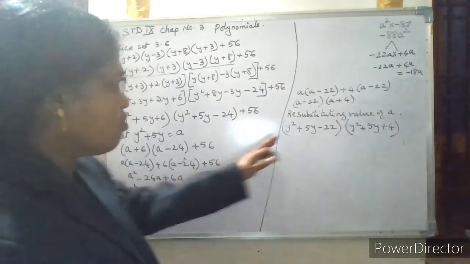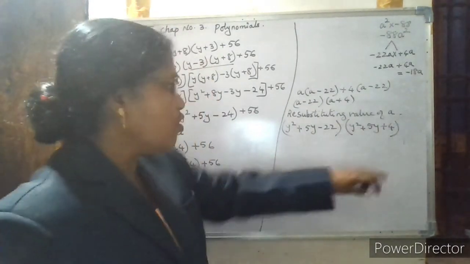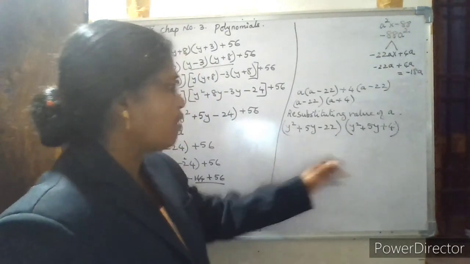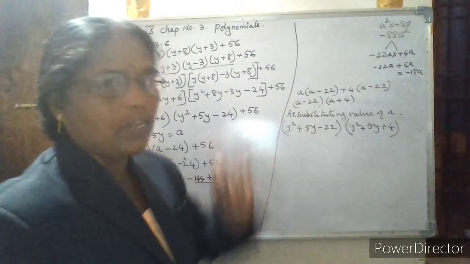We have to try to factorize these again. If it is factorizable, we factorize it, otherwise leave it as it is.